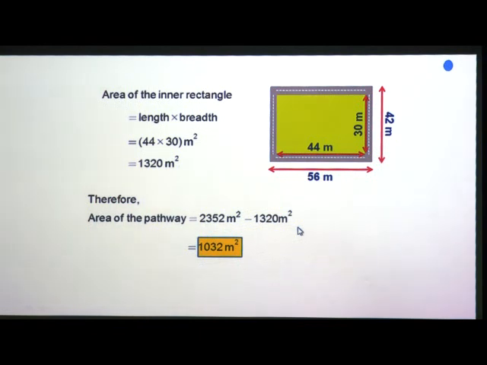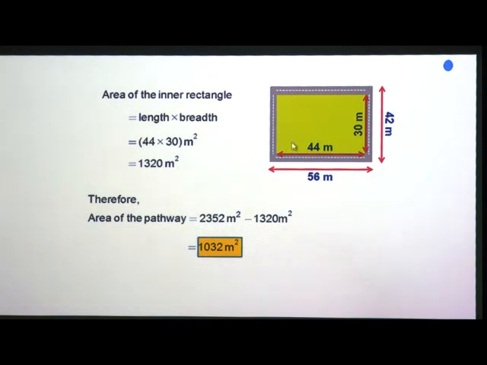We can't draw the figure with the given measurements, but we can arrange a scale and find out the area, the length, the breadth, whatever it is. Practically it is not possible to draw such a big figure on paper, but we can minimize it to a lower scale and find this.